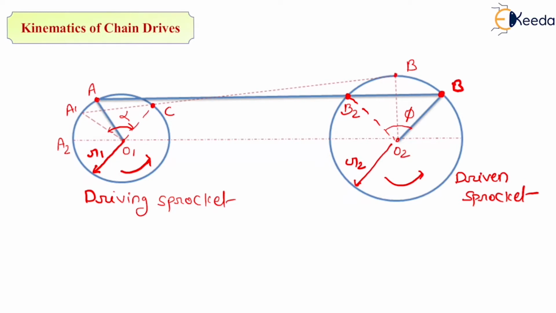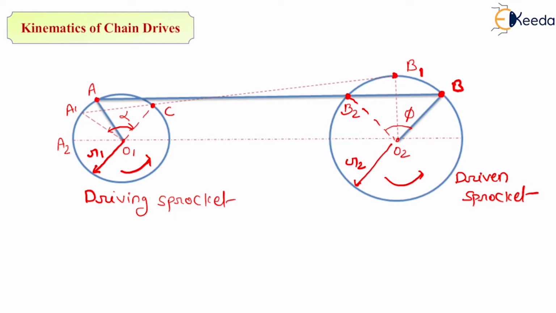We consider A, A1, A2 as the position of the hinge joint in a particular link during the rotation of the driving sprocket, and B, B1 and B2 represent the position of the hinge joint as the driving sprocket rotates in anti-clockwise direction.